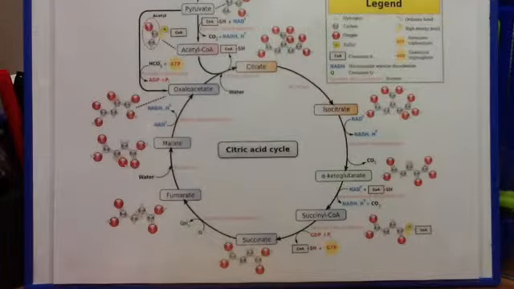Remember that oxidation is losing electrons. When a hydrogen with two electrons is added to NADP+, you get NADPH, which is said to be reduced. Oxidation is losing, reduction is gaining.